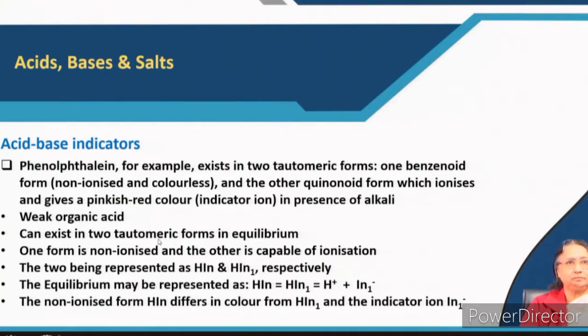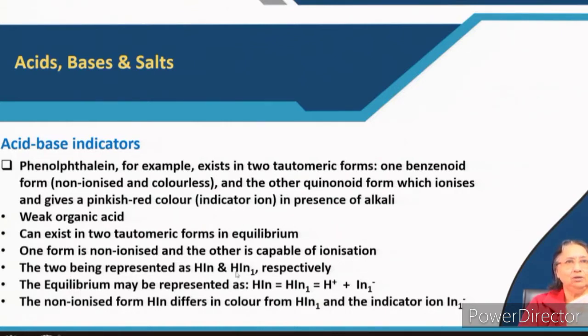They are different forms of the same molecule, and one form is the non-ionized form, which is showing one color, and the other is the form which is capable of ionization, that is giving another color.